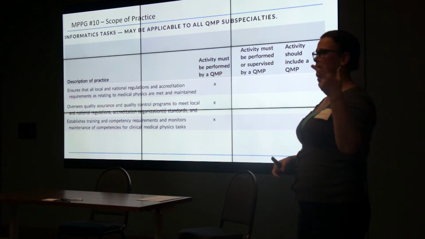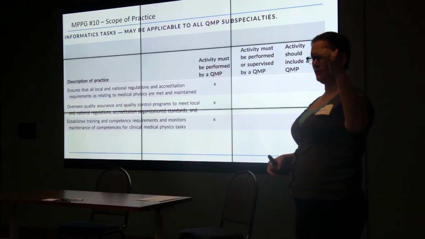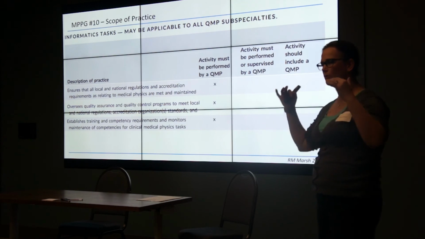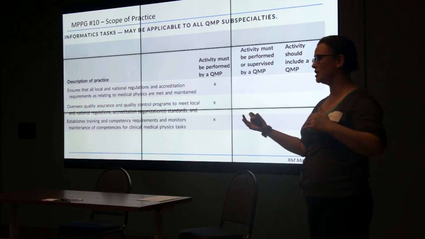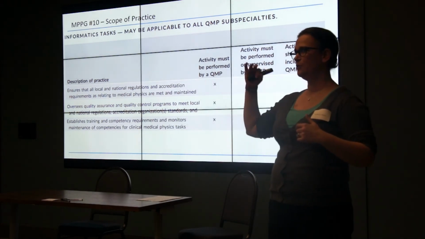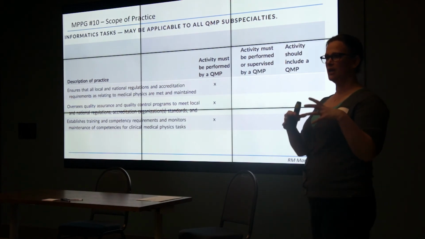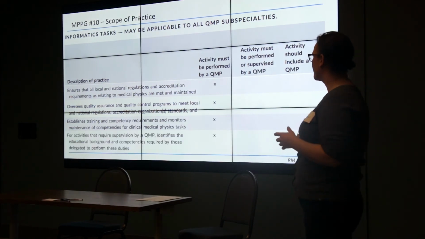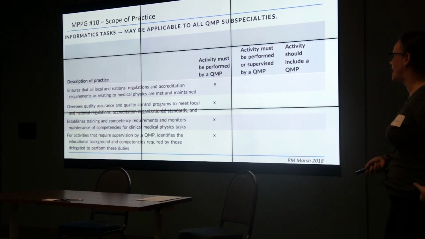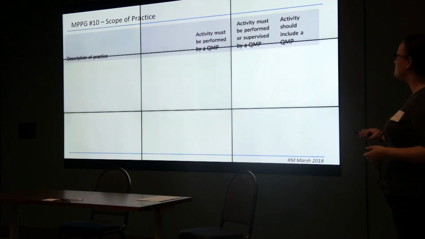If there's nursing staff, technologists, whatever, acting in certain roles, there are obviously things outside our scope of practice that they're doing, but in medical physics for diagnostic imaging, a lot of the time it's the technologists who are doing some of that daily, weekly, annual QA work, but really that should be managed by a QMP. Okay, for activities that require supervision by a QMP, identifies educational background and competencies required to perform those duties. That's what I was talking about.